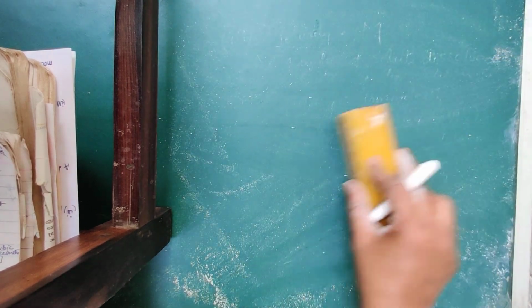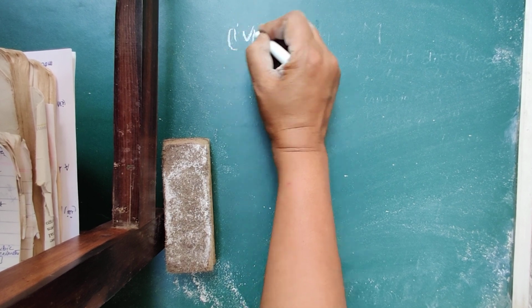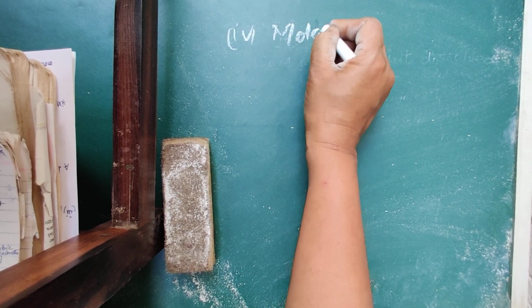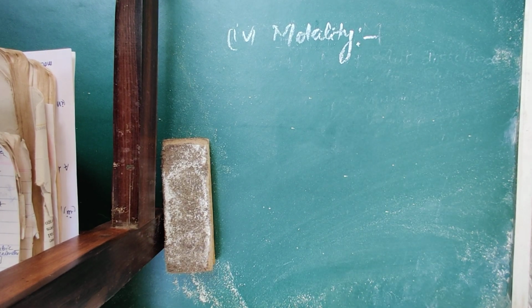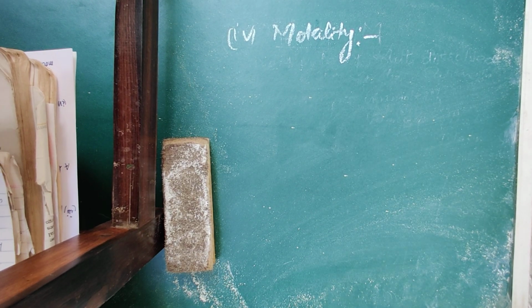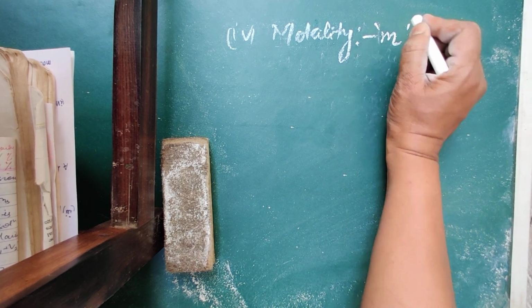Then next is molality. Molality is denoted by small m.